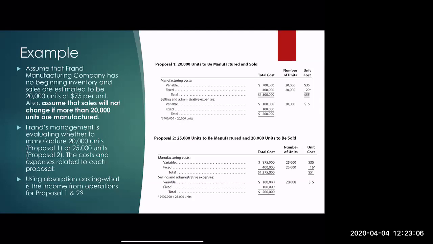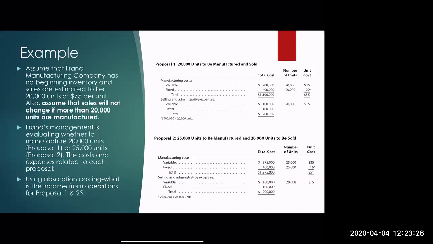Also assume that sales will not change if more than 20,000 units are manufactured. So read through that slowly again. Even if you produce more than 20,000 units, you're not going to sell any more than that. Make sure you get that through your mind.